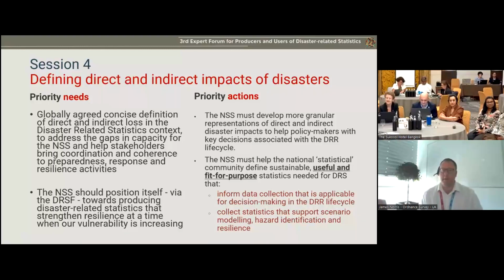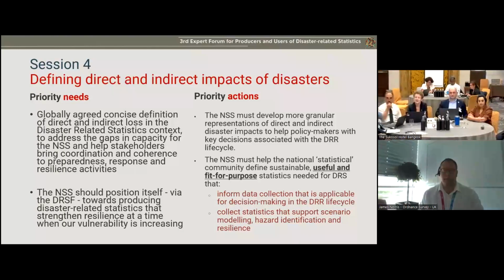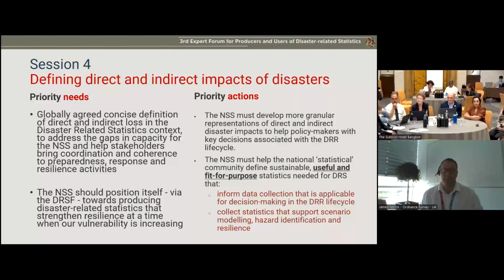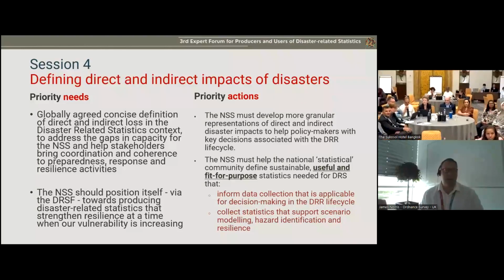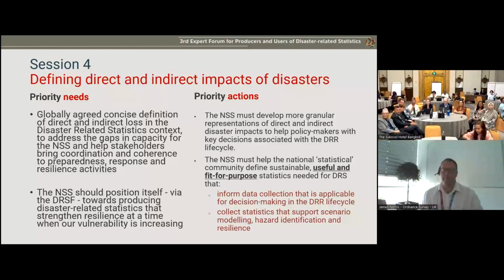We talked about the gaps both in national statistical organizations, and more broadly within disaster risk management offices and DRR plans, to enable better preparedness, coordination, response, and resilience across all aspects of the disaster cycle. Those were some of the priority needs, and how we start moving towards disaster-related statistical frameworks and how they can help us understand people's vulnerabilities.